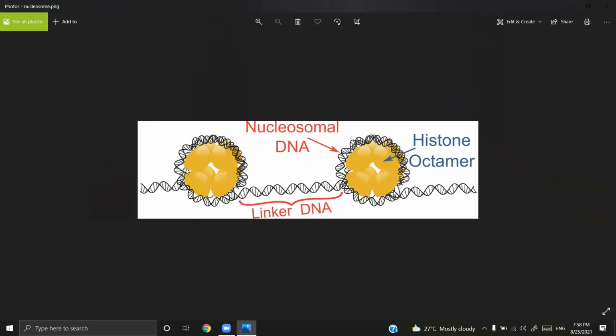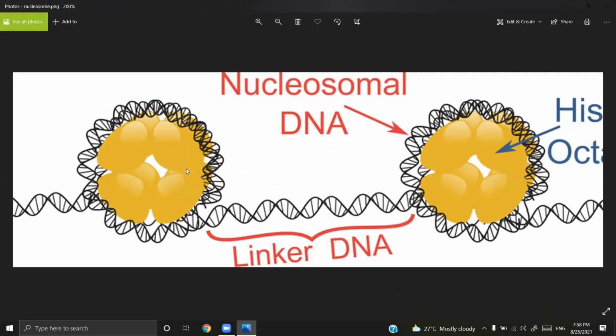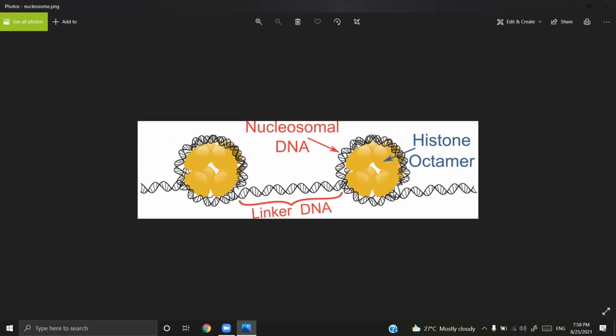Now coming on to the nucleosome, where you can see the yellow colored structures, which are the octamers, where the DNA is wrapping up for 1.65 turns, making a core DNA. In between, you can see that this is going to be a linker DNA, which is subjected to the enzymatic actions in the negatively coiled DNA.